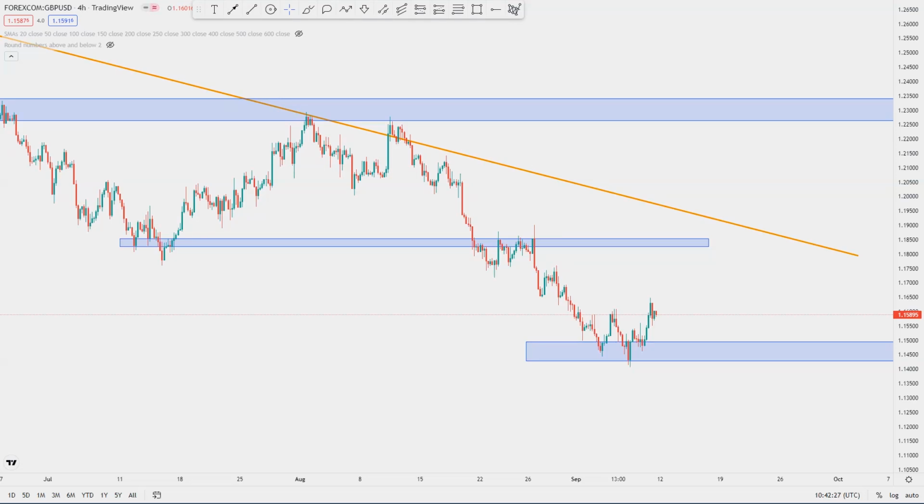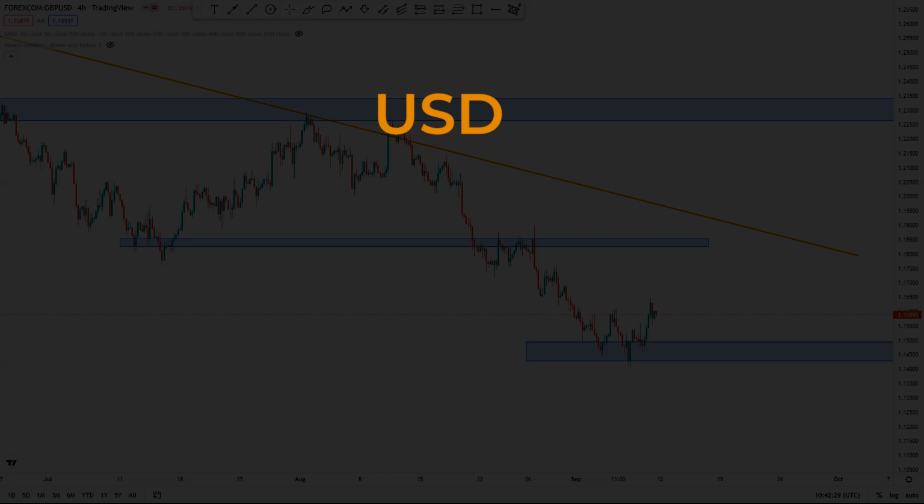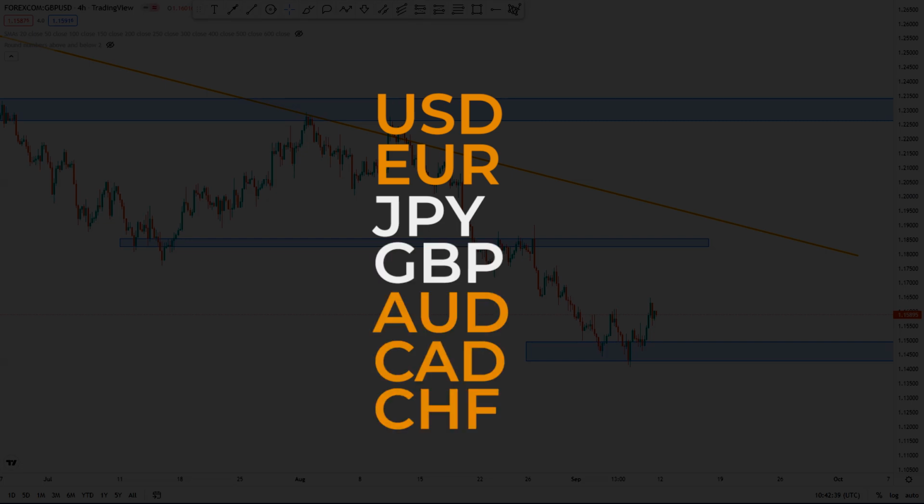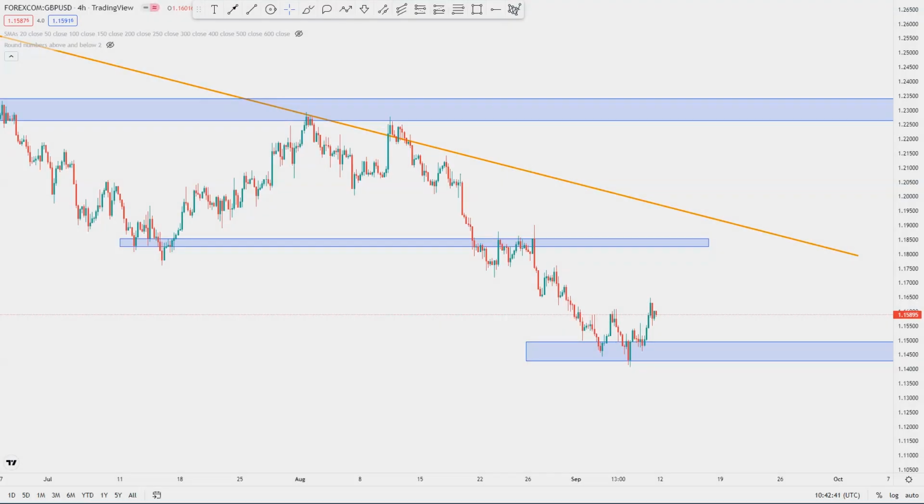So we have the United States dollar, the euro, the Japanese yen, the British pound, the Australian dollar, the Canadian dollar, and the Swiss franc. Every other currency is basically quoted against these, and the ones which are not quoted against them are referred to as the exotic pairs, and we'll get there in a moment.